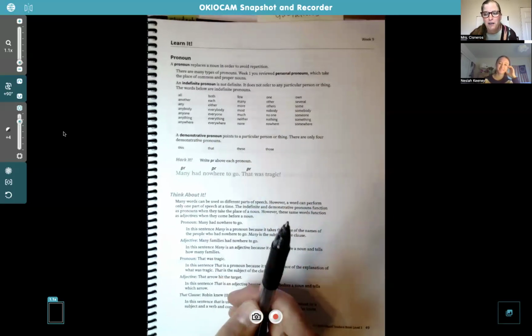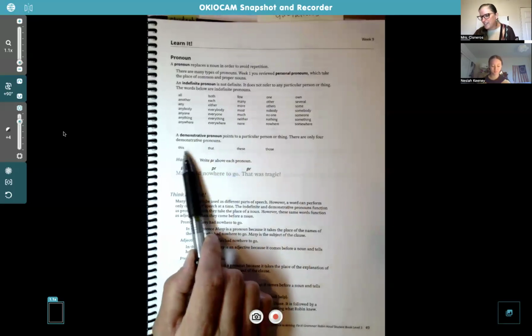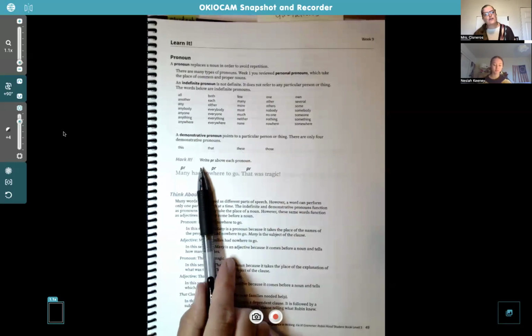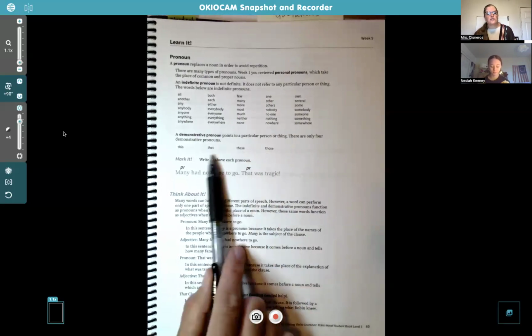For me, it helps me remember those words. So it's this, that, these, and those. Those are called demonstrative pronouns, and it's just those four.